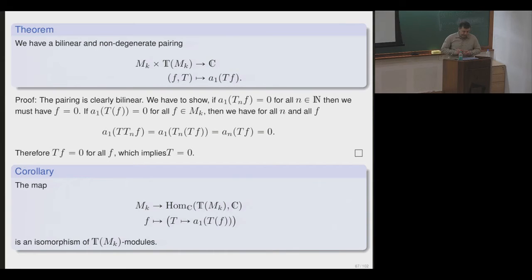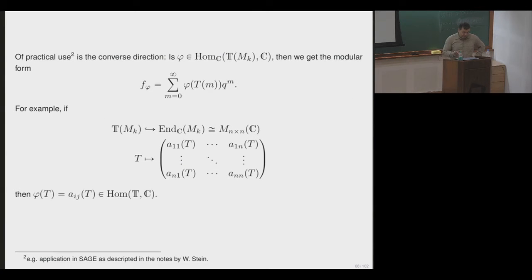And this is easy to see, that this is non-degenerate, and therefore we get a map from the modular forms to the homomorphisms of this Hecke algebra to C. But if we make it the other way around, if we have a homomorphism from the Hecke algebra to the complex numbers, then we can make a modular form.